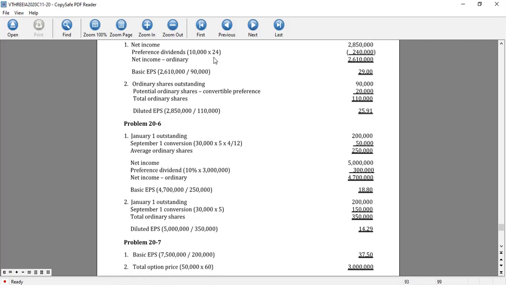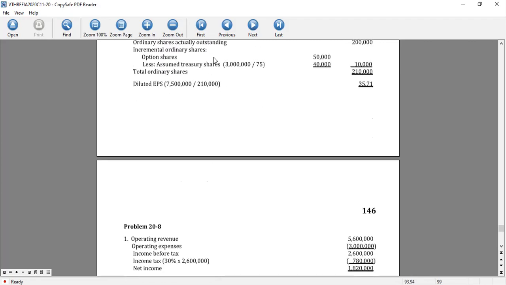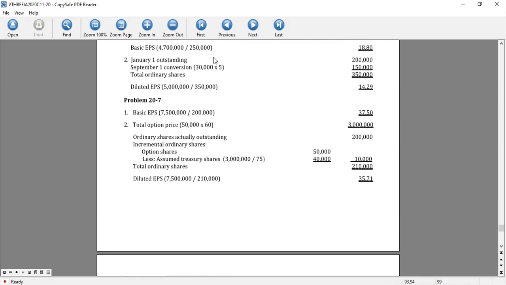200,000 is outstanding January 1, and we just added the other two. So for 20-7, we have to compute for the basic earnings per share.